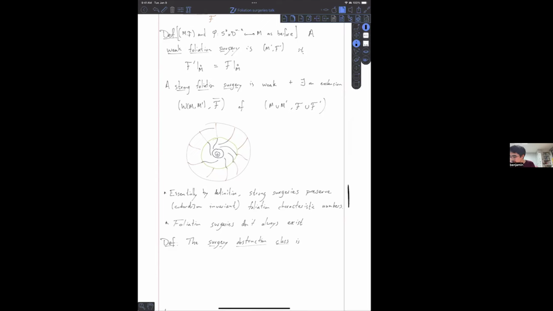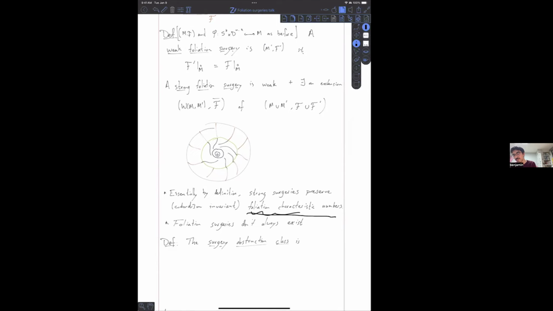Okay, this is a remark that's not justified yet because I haven't talked about any of it, but essentially by definition there's this notion of foliation characteristic classes. And if you take the degree equals the dimension ones, you get characteristic numbers.